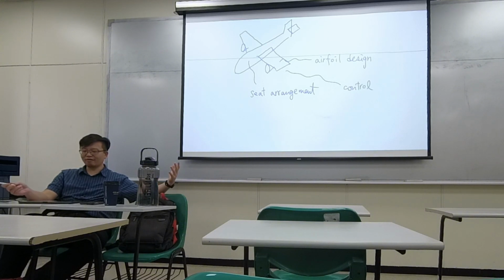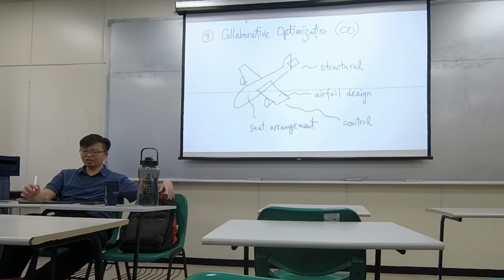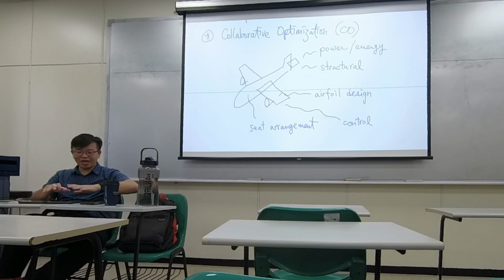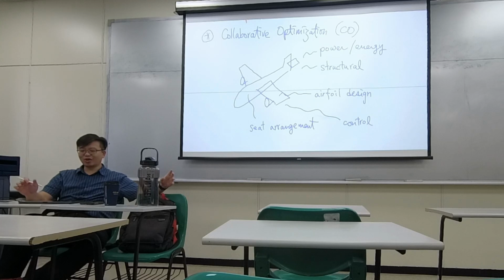You may have structural optimization, and you have power and energy problems, right? You can continue to list out the optimization problems for the entire airplane design. You may even list up to 20 different design problems.